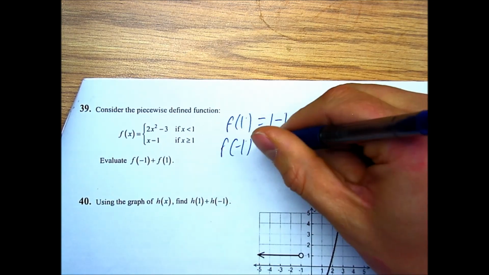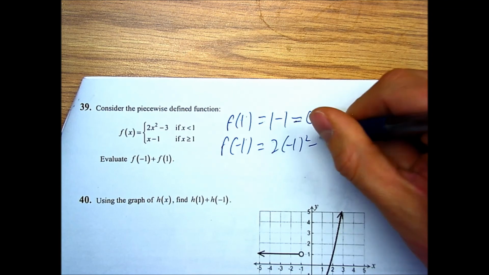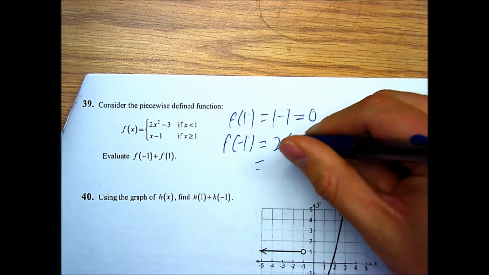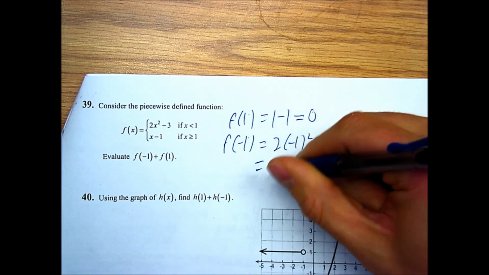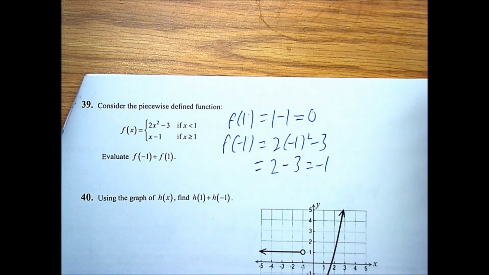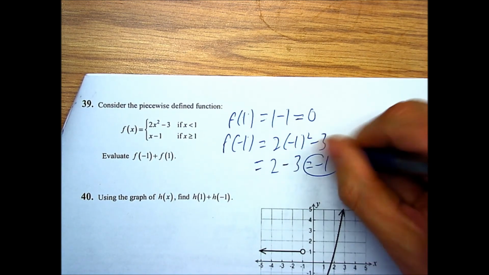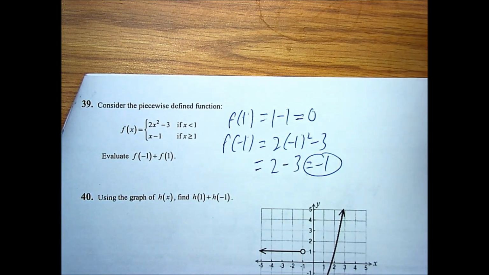F of negative 1 is 2 times the quantity negative 1 squared minus 3. So this is 2 times 1, since negative 1 squared is 1. So 2 times 1 is 2, minus 3 is negative 1. So f of negative 1 is in fact negative 1. And because I'm adding 0 to it, because f of 1 was 0, I can just leave it as negative 1 in this case.